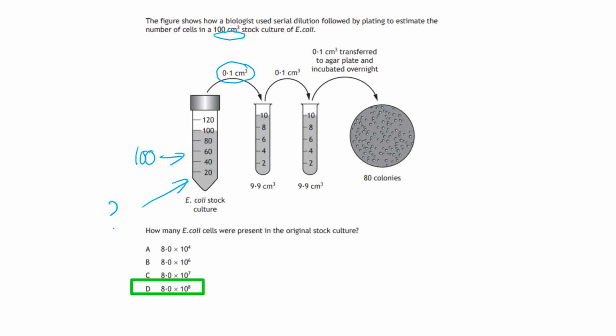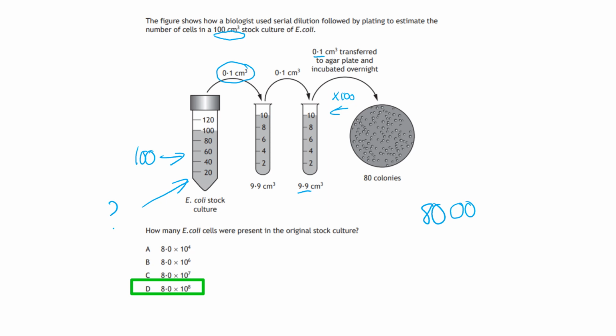So we started with 80 colonies. We took 0.1 and 9.9. So 0.1 out of 10 is a 100 times dilution. Again, 0.1, so going this way is times 100.